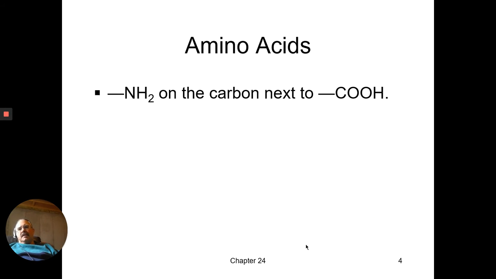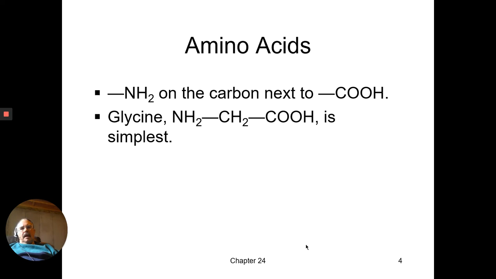Okay, amino acids have an NH2 group on the carbon next to the carboxylic acid group. And these are all primary amino groups except one, and that's proline. Glycine, where the side chain is a hydrogen, is the simplest.